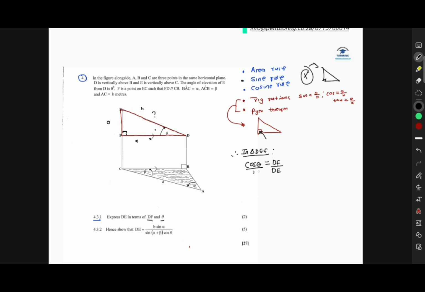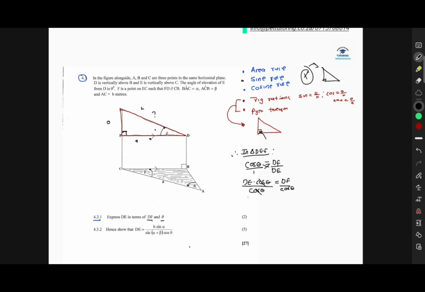After that, I have to make DE the subject of the formula by cross multiplying. DE multiplied by cos theta equals 1 multiplied by DF, which gives me DF, because any number multiplied by 1 is that number. After that, I will divide by cos theta in order to make DE the subject of the formula.